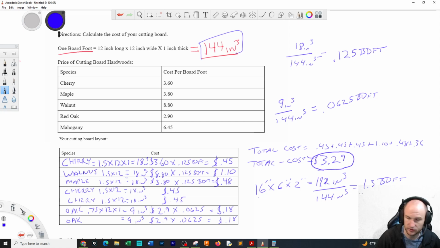And that's how you calculate board feet. You multiply whatever piece of lumber you have, length times width times height, or depth, or thickness, however you want to look at it. That gives you a number in inches cubed. You divide that by 144, and that gives you your answer in board feet. Once you have your answer in board feet, you can multiply it by the cost of the wood per board foot.